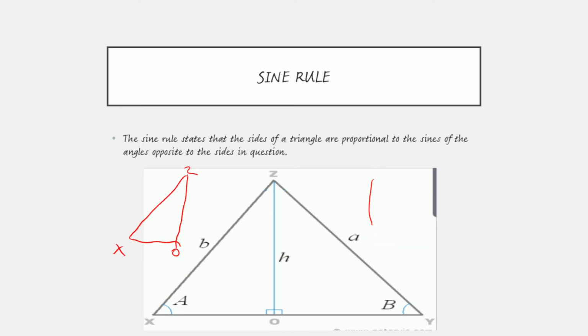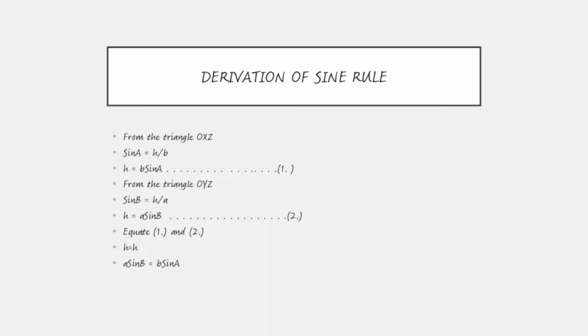This is sine A equals to H over B, where H equals to B sine A. From this one too, we have sine B equals to H over A. Cross multiply, we have H equals to A sine B. Equate H to H, we have A sine B equals to B sine A.